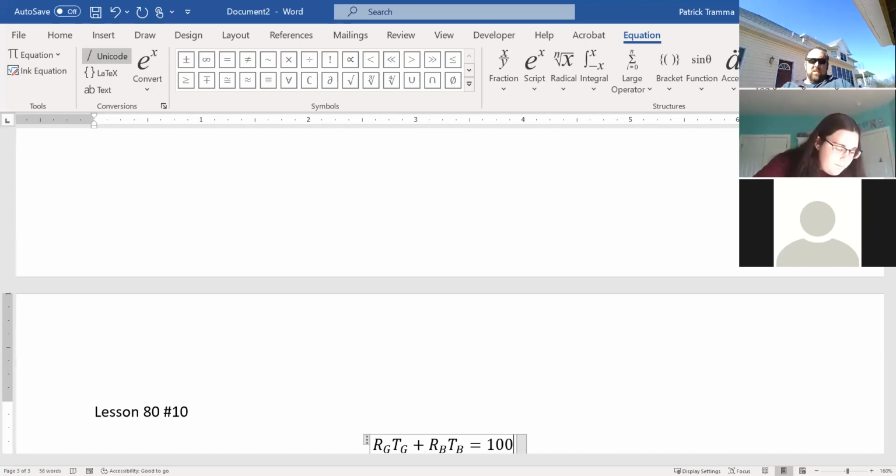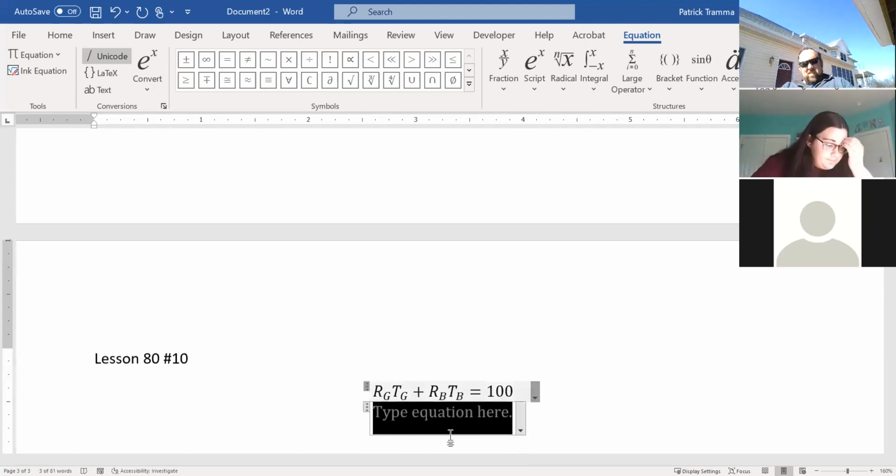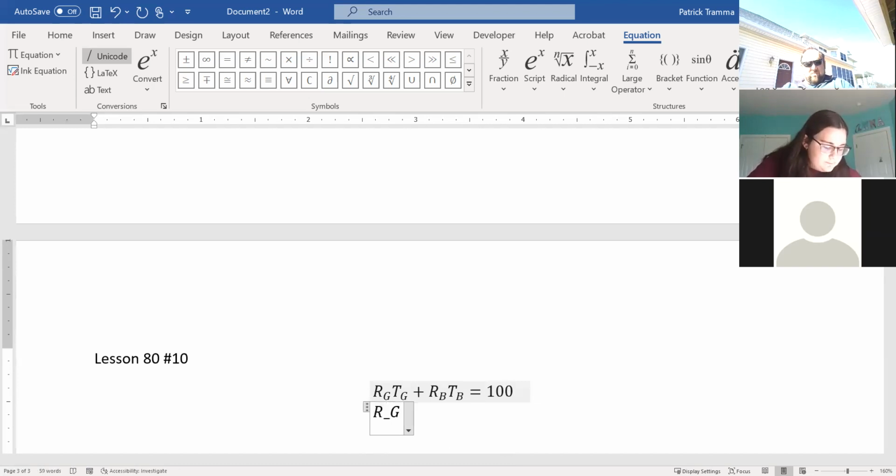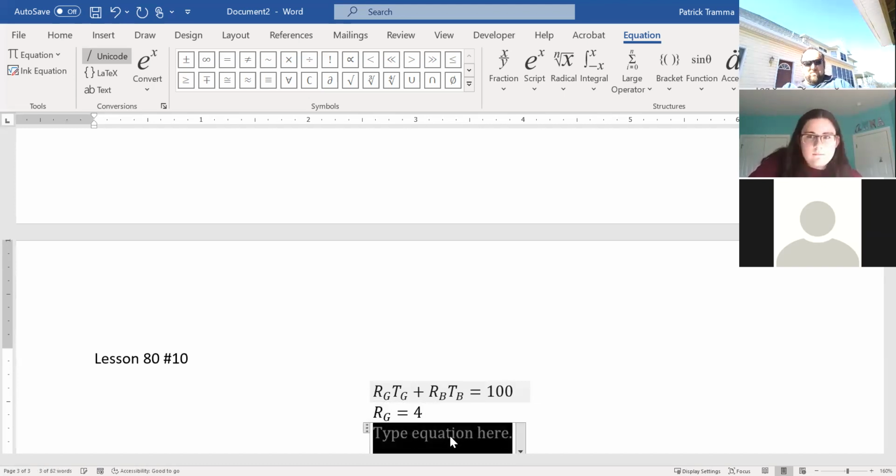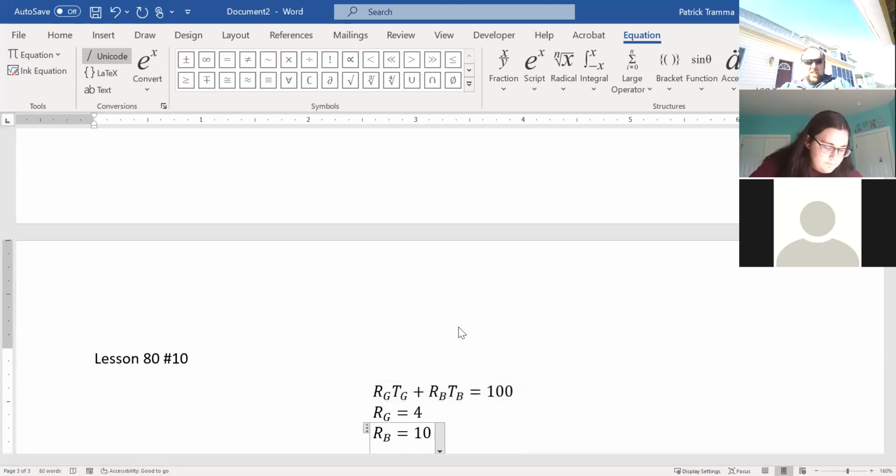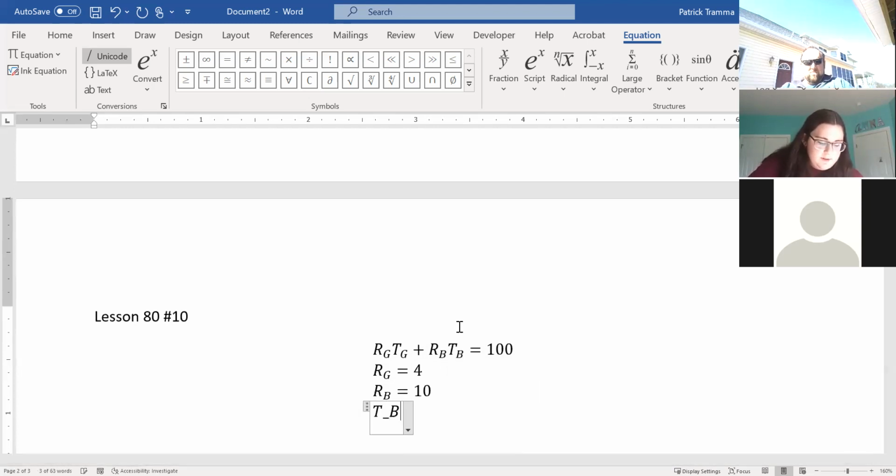Okay, very good. What else do we have? R sub G equals 4. R sub B equals 10. T sub B equals T sub G plus 3.